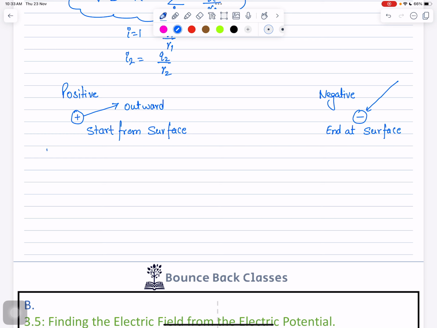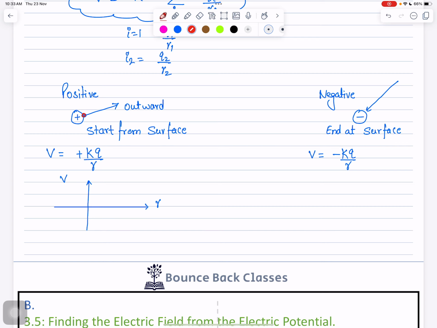So if you have a positive charge, can I say positive KQ over R? And if you have a negative charge, can we say negative KQ over R? So just draw the diagram. Try to understand the diagram. This is a very, very important diagram and graph. Let's say this is your y-axis, this is your V, and this is your R. Once you start, this is your starting point.